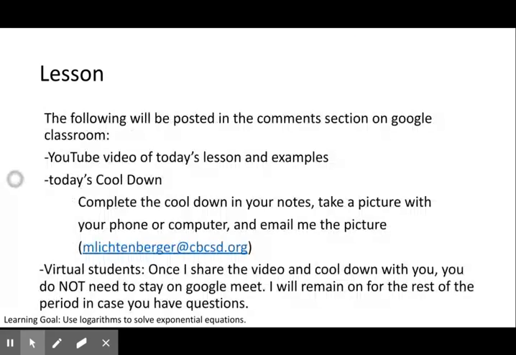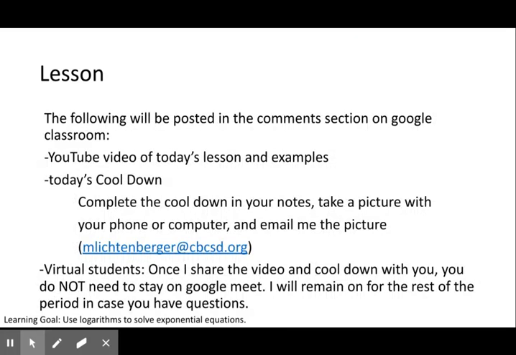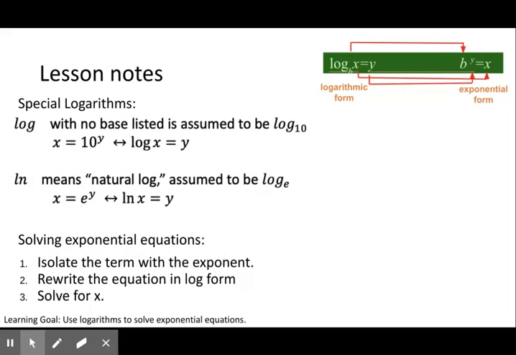The other special log right here is the one that says ln. Okay, ln stands for natural log. ln means nothing different than regular log. ln just means log base e. We talked about yesterday what e means.